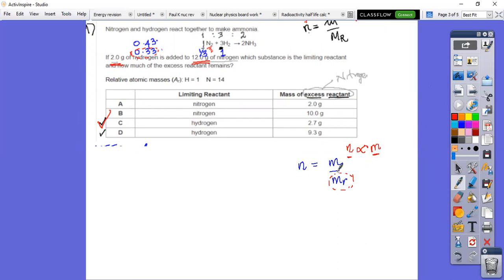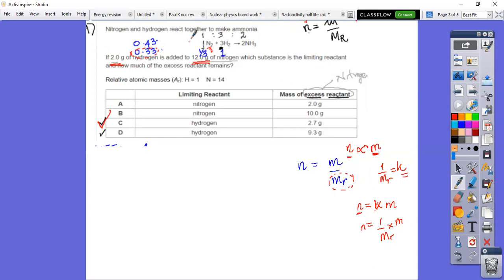And the constant of proportionality is 1/Mr. If you remember learning proportionality in maths, you can write this as n = k times m, where k is 1 over Mr, multiplied by the mass. Okay, so we know that n is directly proportional to mass.